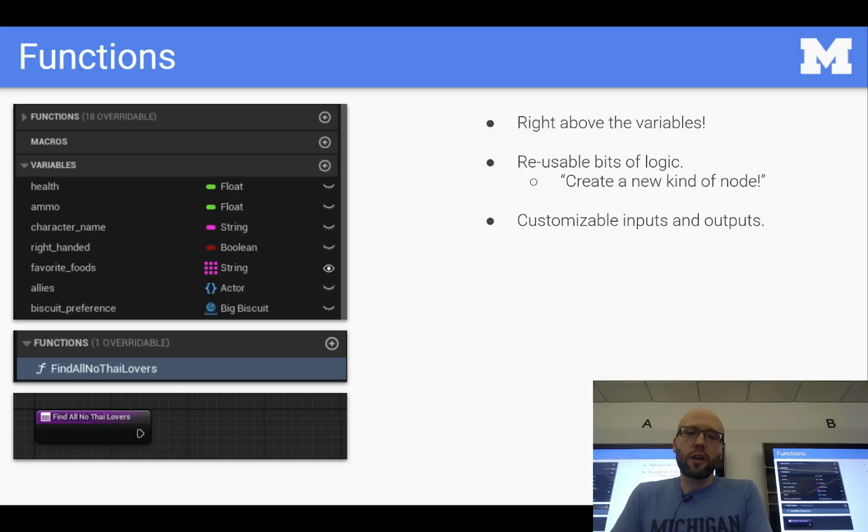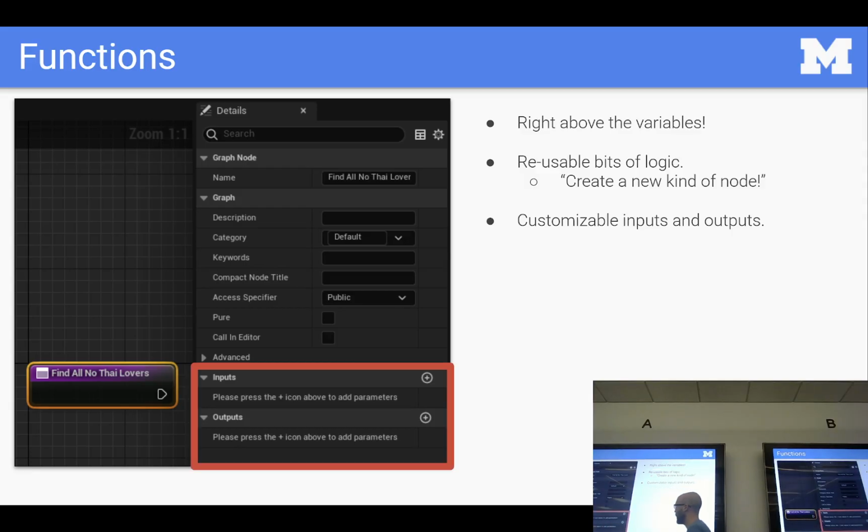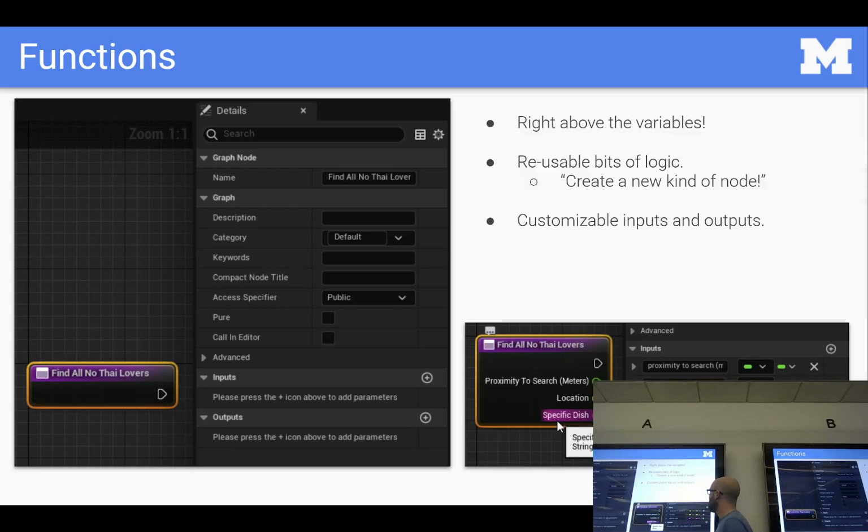With these functions, you can go in and customize their inputs and their outputs. So if I click on Find All Notai Lovers, I can go into this details pane, and I've got inputs and I've got outputs, all right? I can just click right down there. I can, for instance, add a proximity to search parameter. I think this is a float.